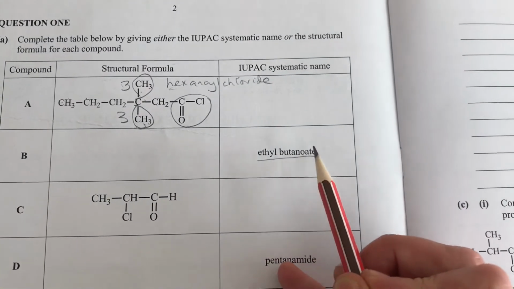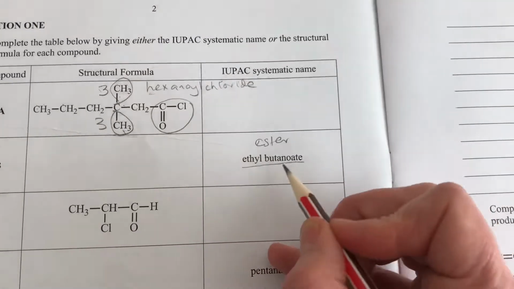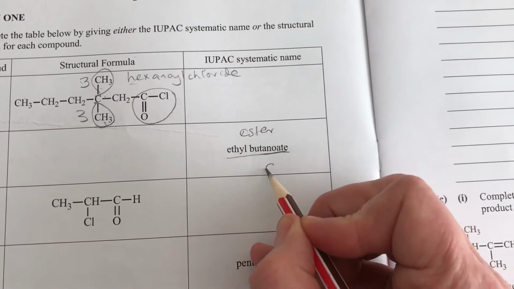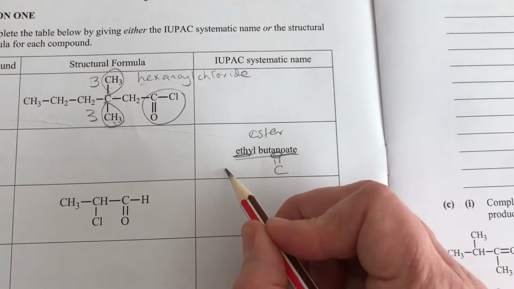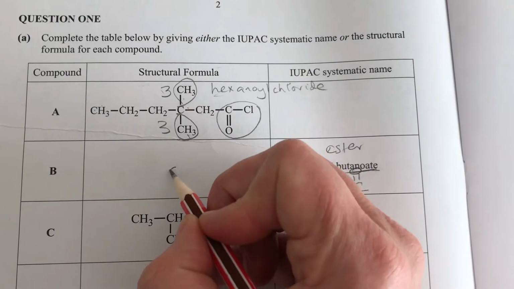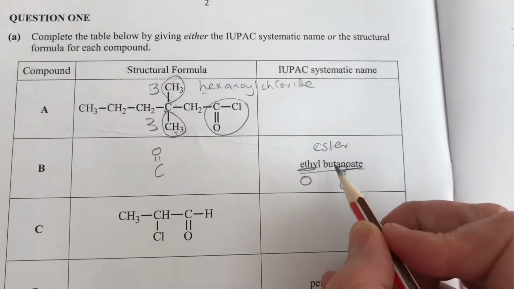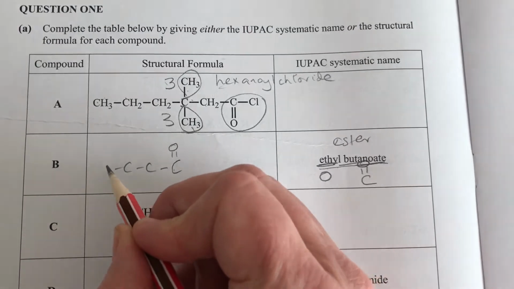Ethyl butanoate is an ester. And we need to remember that the anoate bit is the bit connected to the C double bond to O, and the ethyl bit is the bit connected to the single O. So I always start with the C double bond to O, which must have 4 carbons. 1, 2, 3, 4.